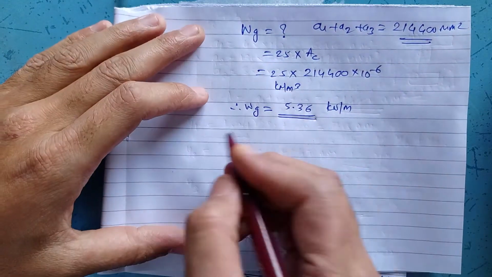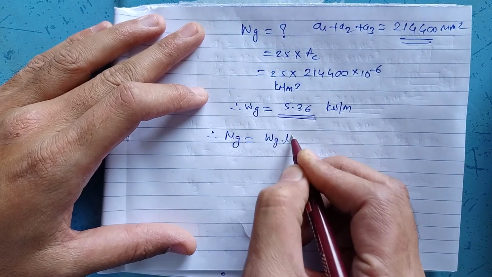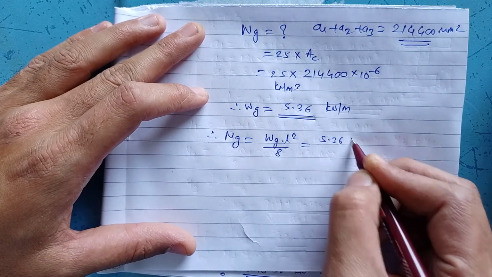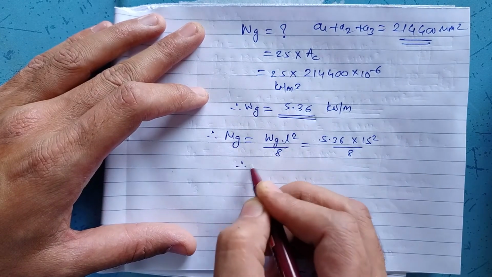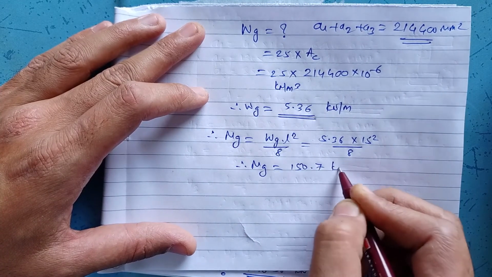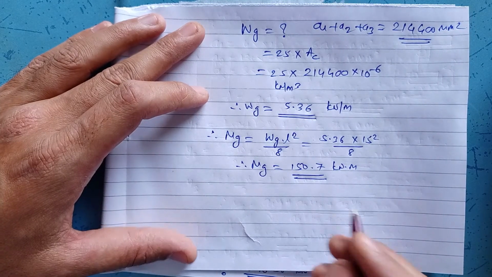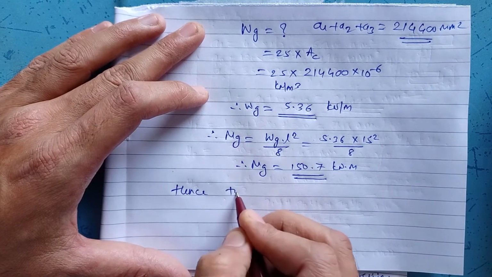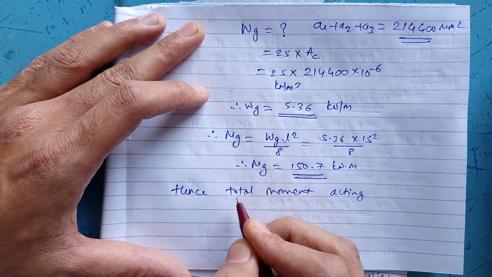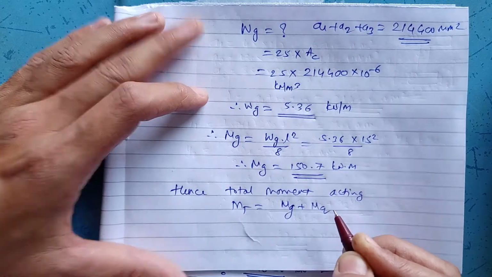Hence calculate the moment due to dead load, Mg equals Wg L square by 8, that is 5.36 into 15 square by 8. Hence the moment due to dead load Mg will be 150.75 kilonewton meter. Total moment acting will be Mt is equal to Mg plus Mq.